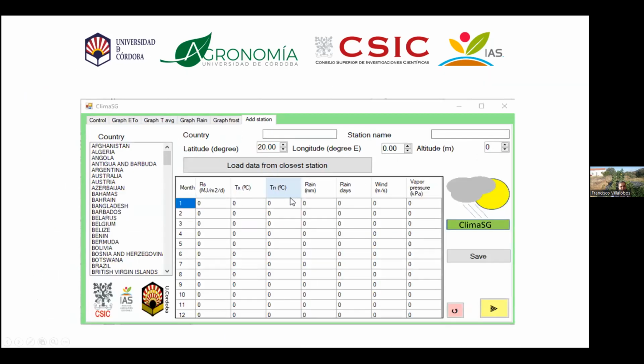Apart from using data from the CleanWatt database, we can add new stations using this form. We can start from a given location and change only the maximum or the minimum temperature or the rainfall or whatever.